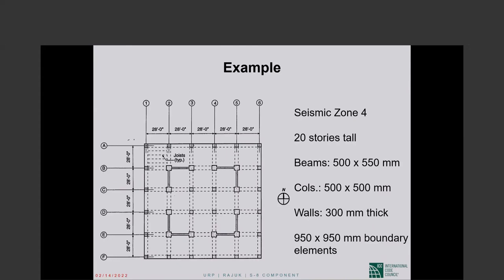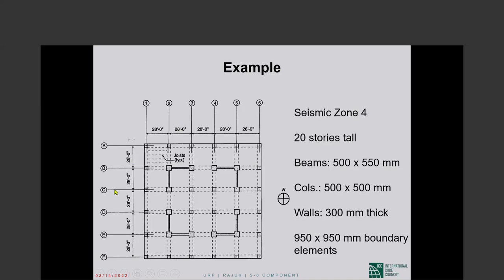This is the example that we are talking about. We did it in the UBC days when we had seismic zones. This is seismic zone 4, which was the highest seismic zone in the UBC. I thought we changed the units and I still see 28 feet and 26.